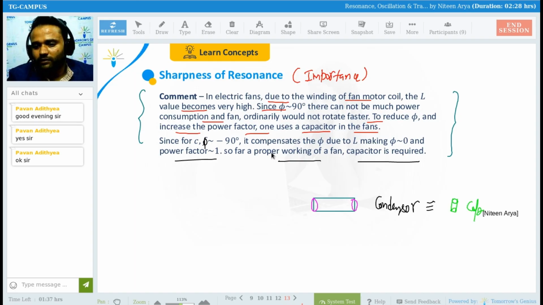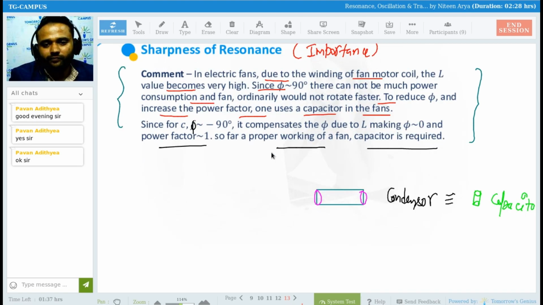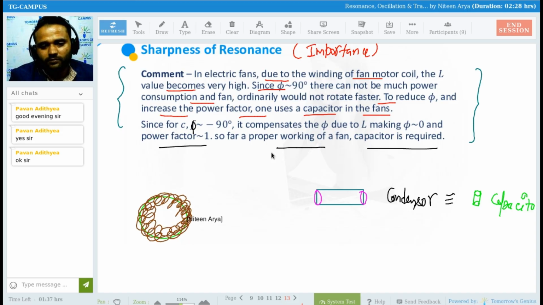And in a fan, we have so many coils like this. This is your inductor, and this is your capacitor, the condenser basically.